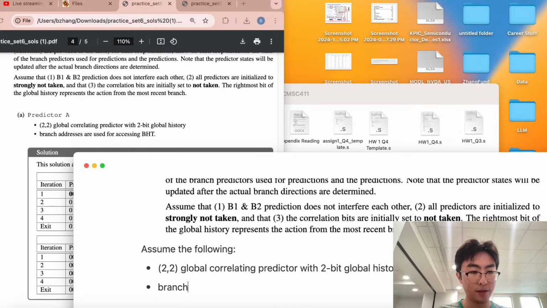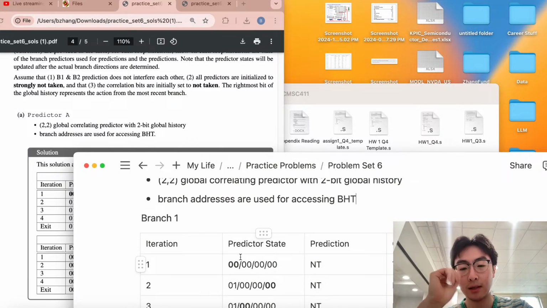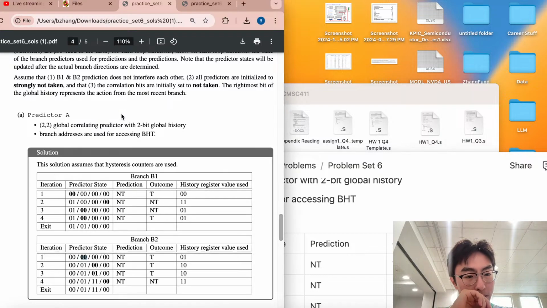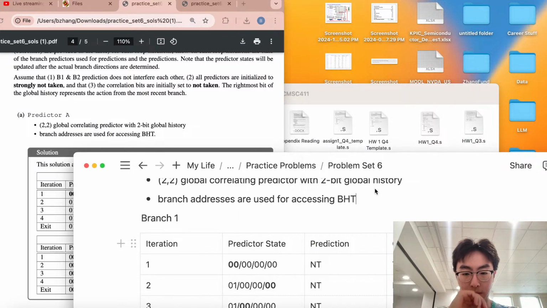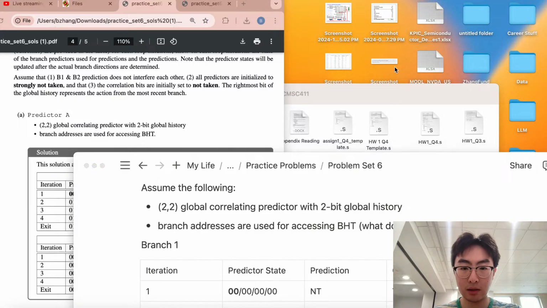Right, and then branch addresses are used for accessing BHT, the branch history table, which I don't fully understand what this means. What does this mean? I don't know. I'm gonna be honest.